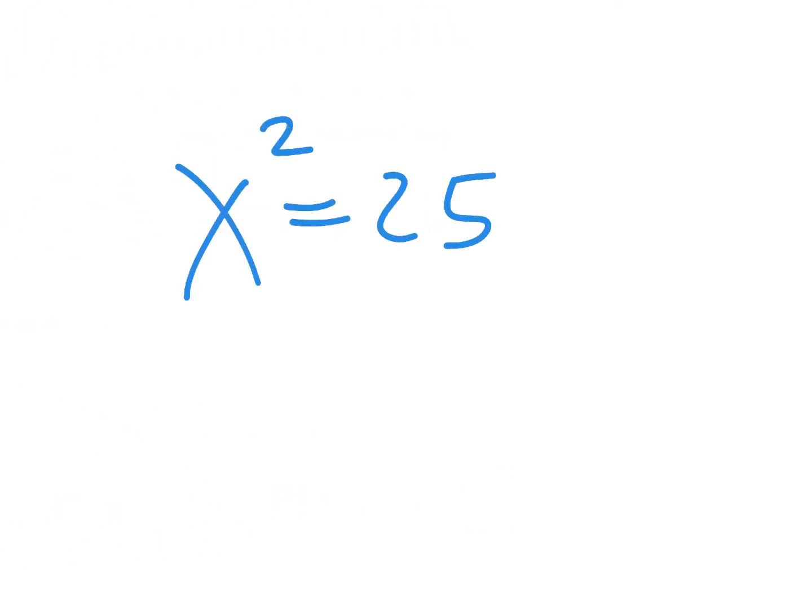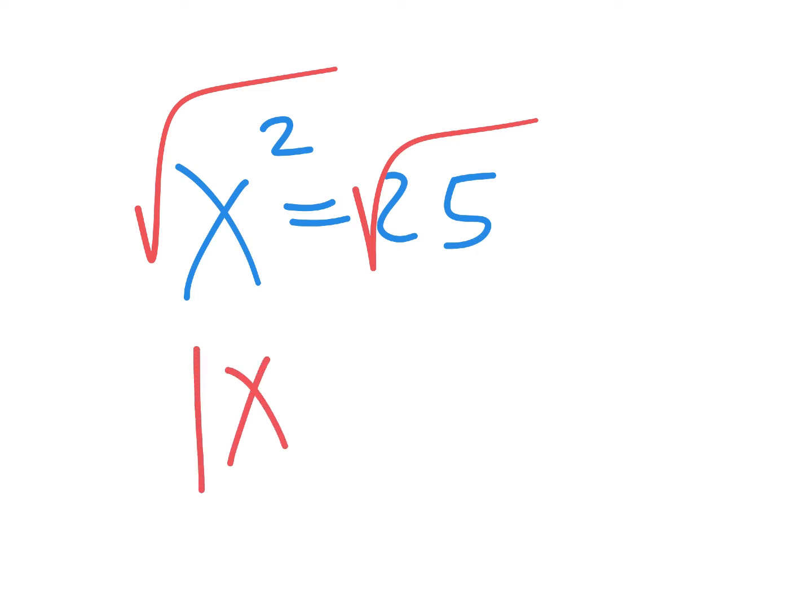Okay, everybody write this one down. X squared equals 25. How do you get rid of squared? Louder. Square root. Then, absolute value of x.